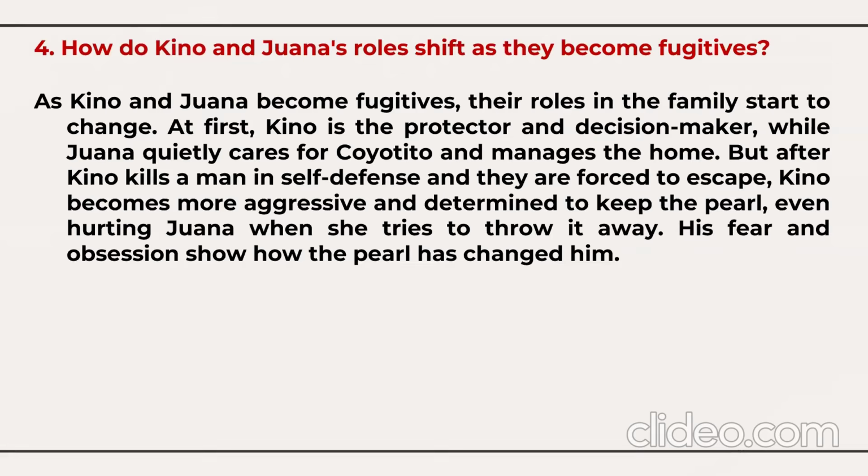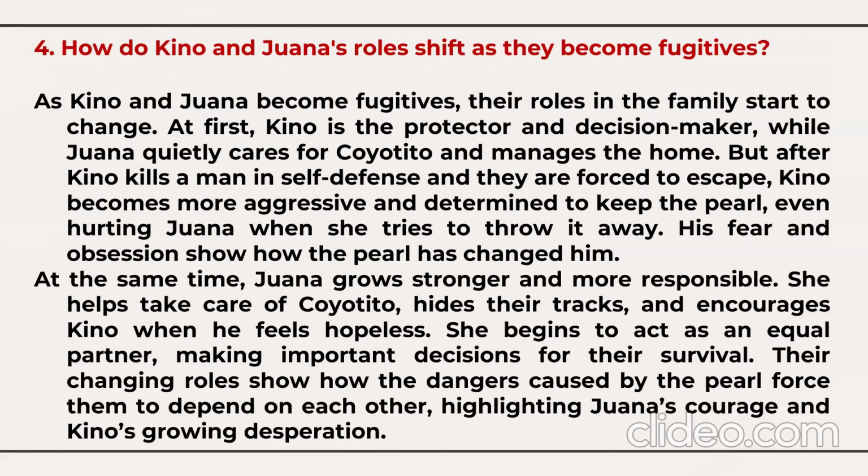Kino becomes more aggressive and determined to keep the pearl, even hurting his wife Juana when she tries to throw it away. His obsession shows how the pearl has changed him. At the same time, his wife Juana grows stronger and more responsible. She helps to look after her son Koyotito.